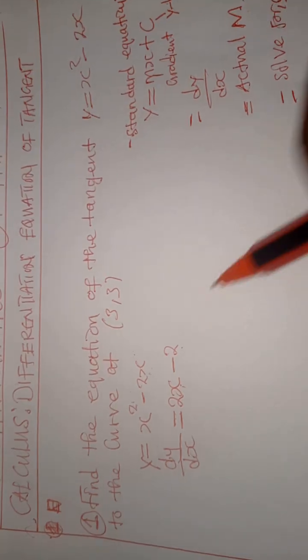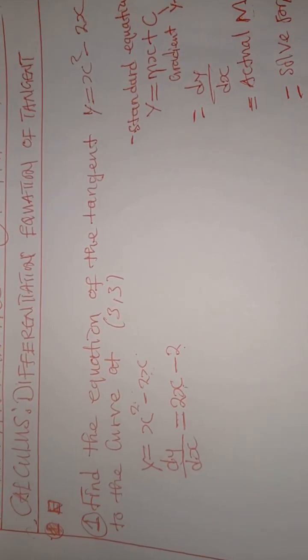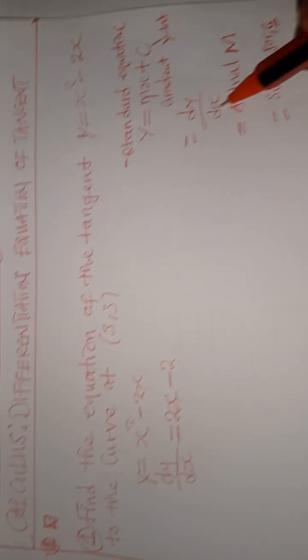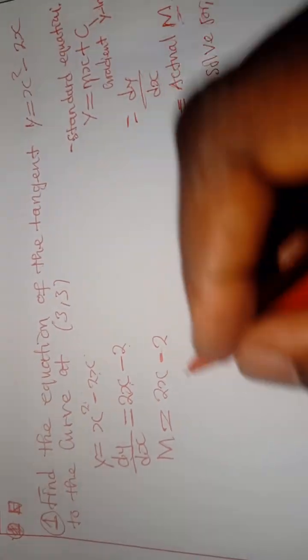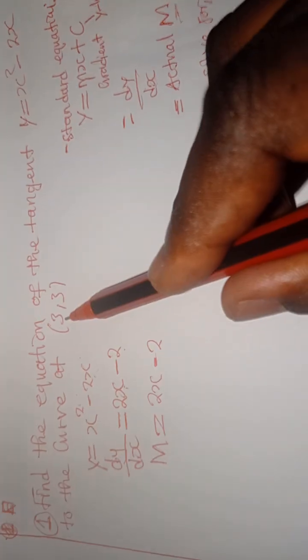Now, after reaching here, we go back so that we find our gradient. We are done with step 1, dy dx. Step 2 is we find the m, which is the gradient. So to find the m, we are now going to use this function here, which represents a gradient function. We shall say m is equals to 2x minus 2. The value of x is 3.